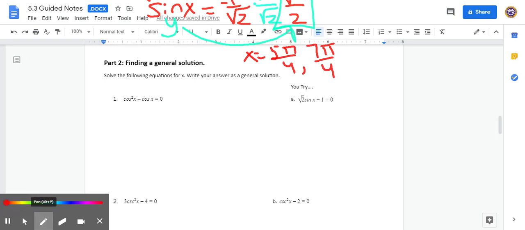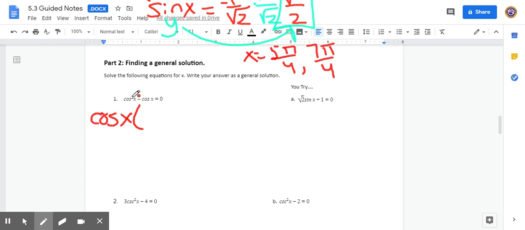So to factor this, they both have a cosine x. So that would be our GCF. And if we take one cosine out of here, there's one left. And if we take one out from here, there are none. So we write 1. So now we have two factors. We have cosine x and cosine x plus 1.